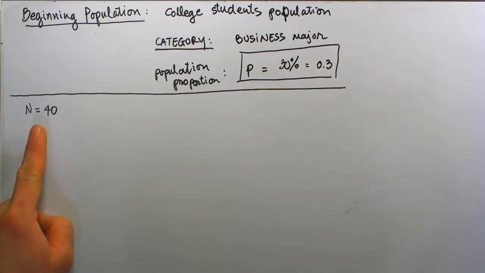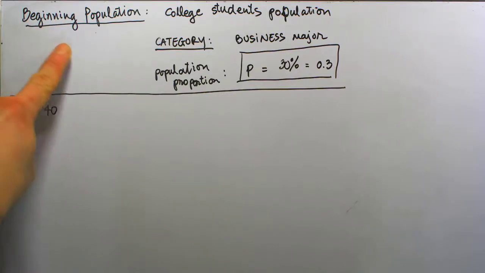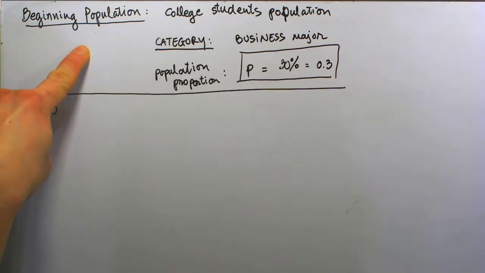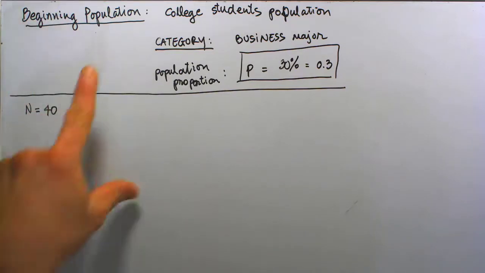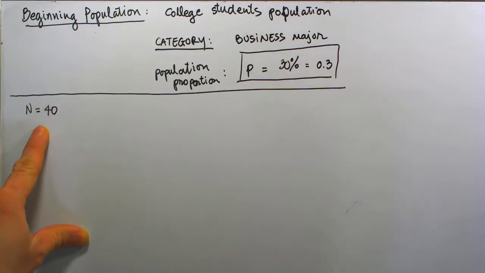It becomes even more clear why, in my teaching experience, I've always told my students that the population here is regarded as the beginning population, simply because from this population we pick samples. In our sample here, we have decided to pick 40 students. You have to realize that this is not the only sample.